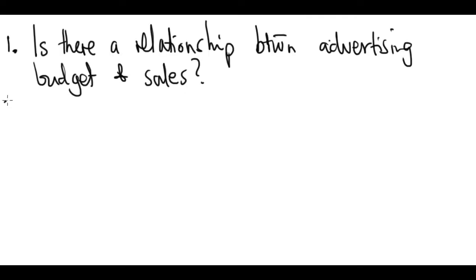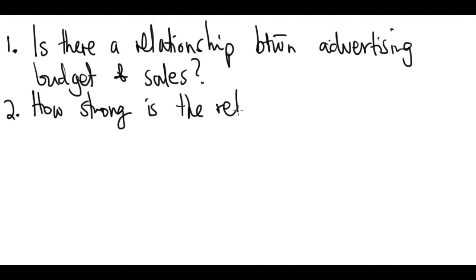Question number two that we'll be trying to answer is, how strong is that relationship, if there is one? So how strong is the relationship between advertising budget and sales? In part number one, we just figure out whether there is a relationship. In part 2, we want to figure out how strong that relationship is.